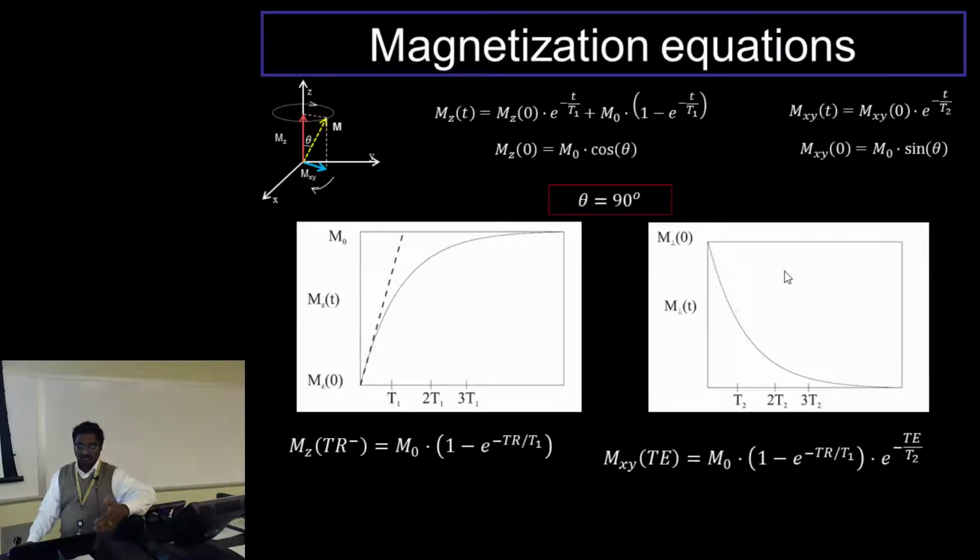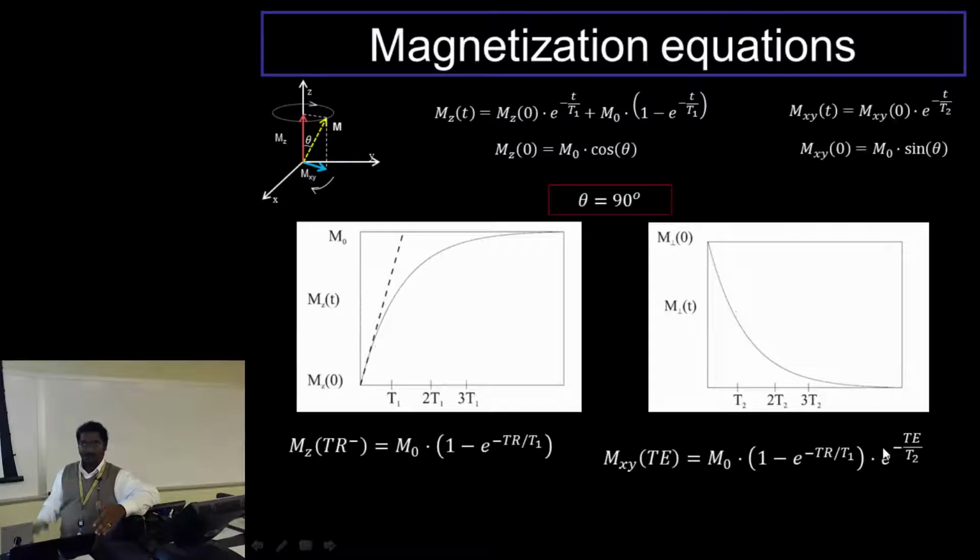To save ourselves the trouble of reading that out completely, we call that E1, and this is E2, E1 referring to this term, E2 referring to that term. That gives you the longitudinal magnetization and your transverse magnetization signal. Basically, this is the signal that you're getting, right?